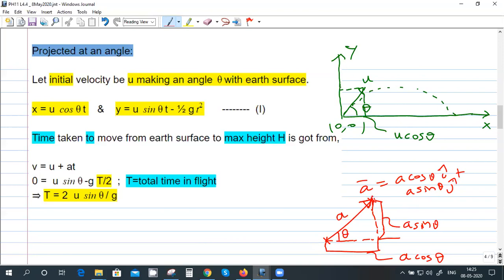We are going from this point to this point. So this is one point, and this is the final point. The vector is connecting these two points. Instead of going from this point this way, I can also go this way. Those two ways should give me the same result. So A vector is A cos theta i cap in the horizontal direction, then A sin theta j cap in the vertical direction. Just accept this result.